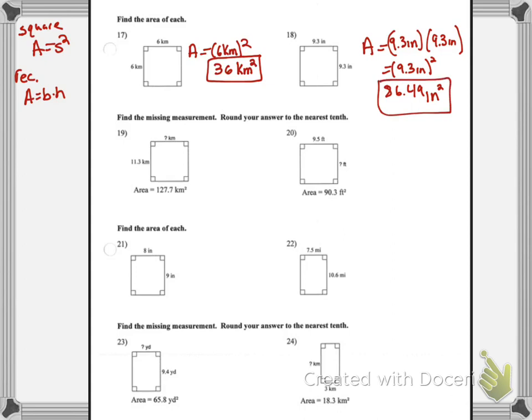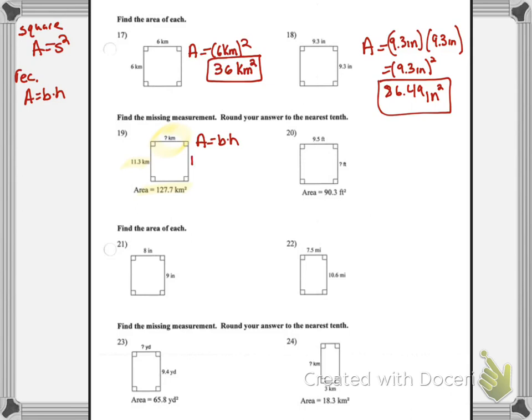This one says find the missing measurement. Round your answer to the nearest tenth. So now it gives you the area and it gives you one side, and you're looking for the missing one. We know area equals base times height. We aren't sure if this is going to be a rectangle because we don't know that side length.